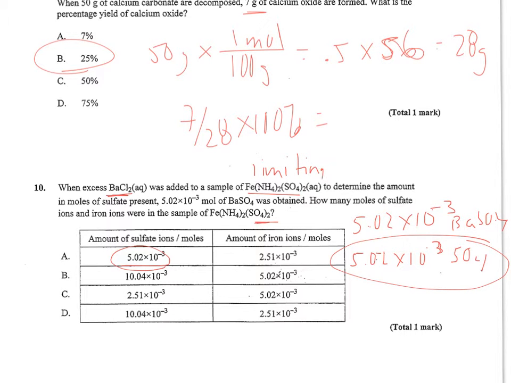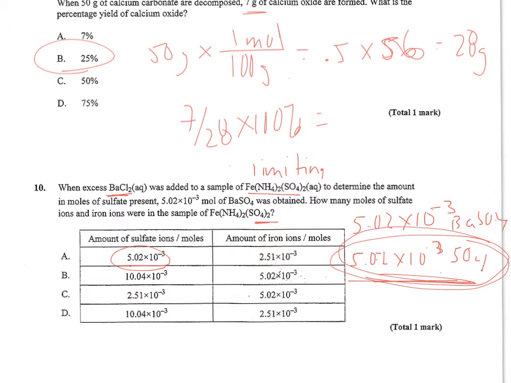So even though my molar ratio is different, my amount can't change. My amount of sulfate ions is only 5.02 times 10 to the minus third. My moles of iron ammonium sulfate are less. I only have half as many moles of the iron ammonium sulfate because each one has 2 sulfate ions in it. But this is my quantity of sulfate ions.